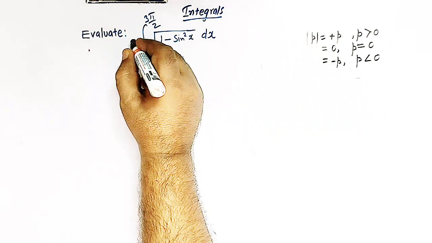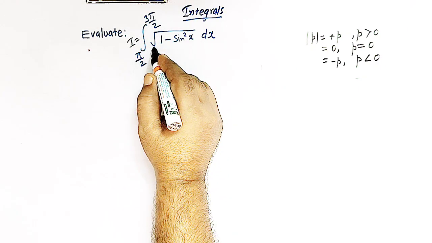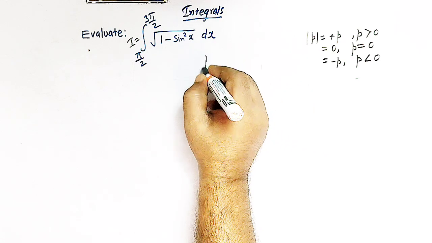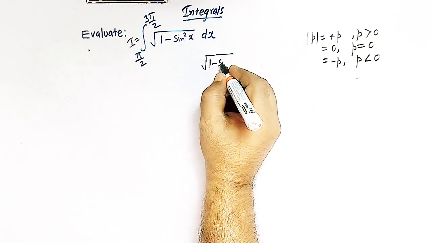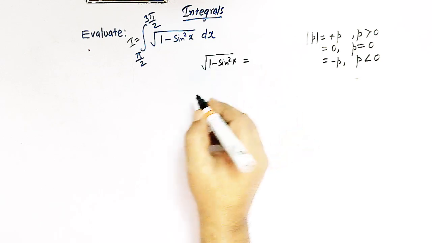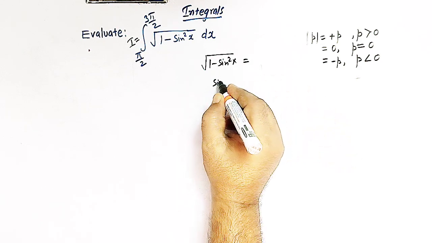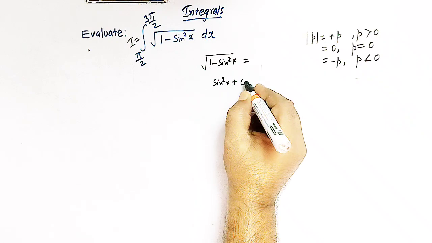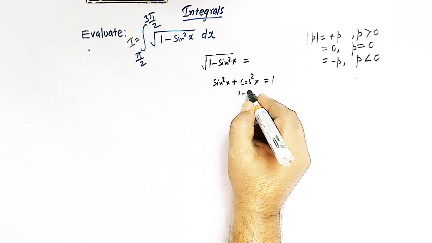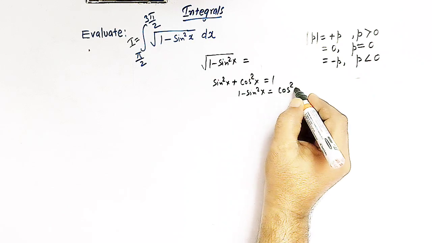Now here let us first call this integral as I, and let us first look at this integrand. So here we have square root of 1 minus sine square x. Now from trigonometric identity we know that sine square x plus cos square x is equal to 1. So 1 minus sine square x can be written as cos square x.